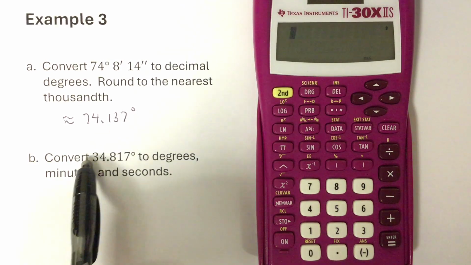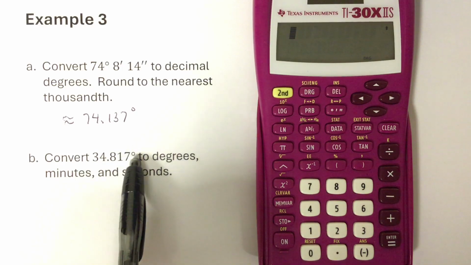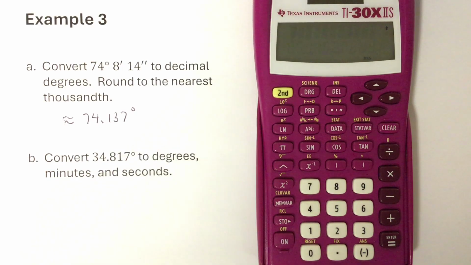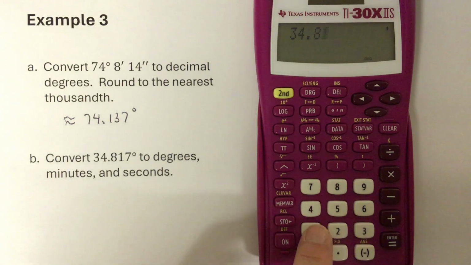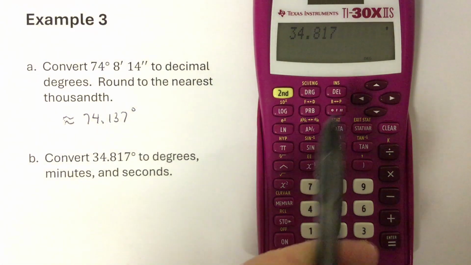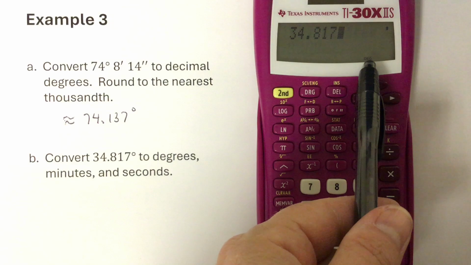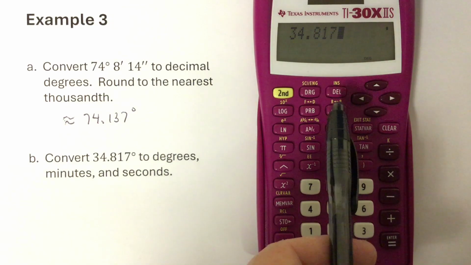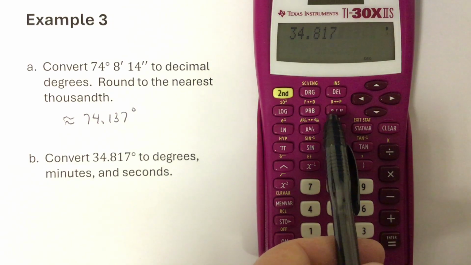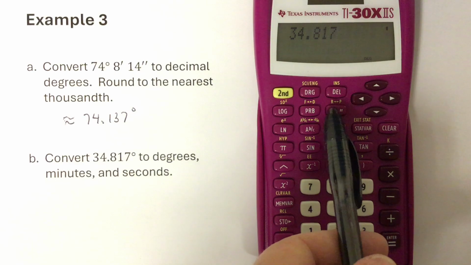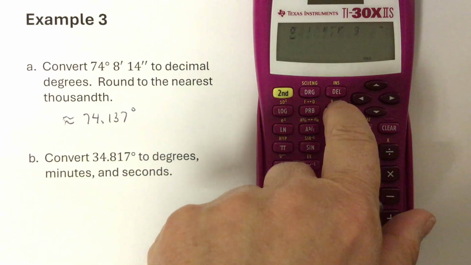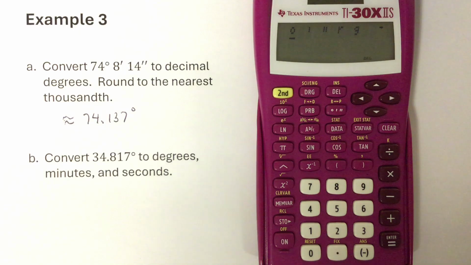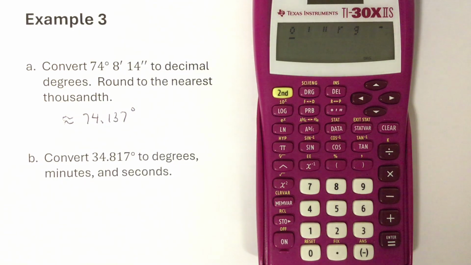All right, now to convert 34.817 degrees to DMS form, we're going to go ahead and enter 34.817. The calculator knows that's degrees because we are in degree mode. And now what we're going to do is use the convert to DMS command in this degrees, minutes, seconds menu. So hit that degrees, minutes, seconds button, and we need to access the second screen of the menu.